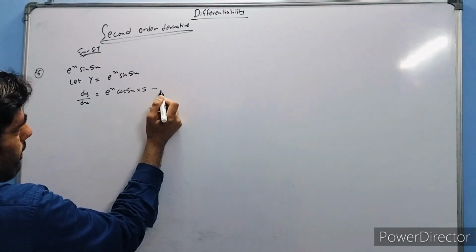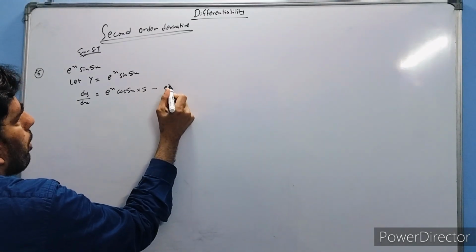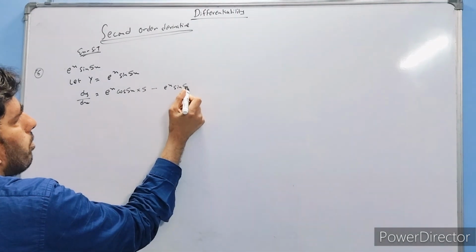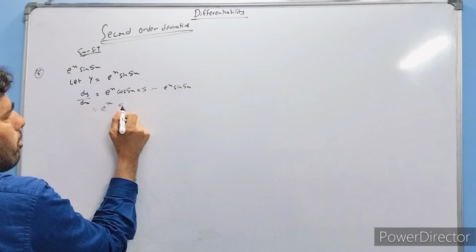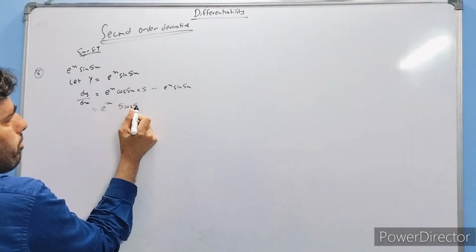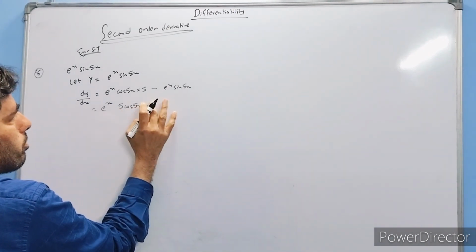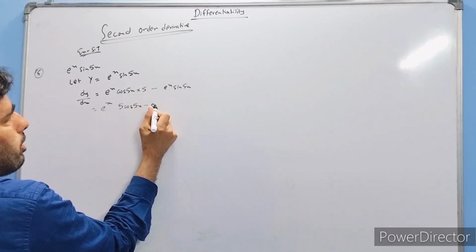First we differentiate it: e raised to the power x into differentiation of sin 5x, which is cos 5x into 5, plus e raised to the power x sin 5x. So I can take e raised to the power x common, and we have 5 cos 5x plus sin 5x.